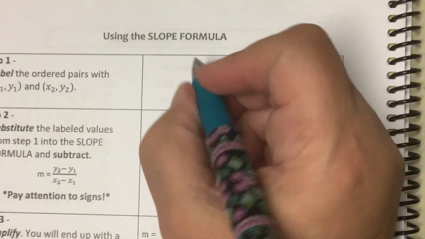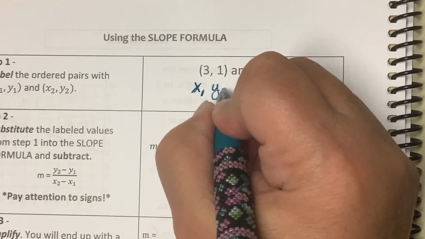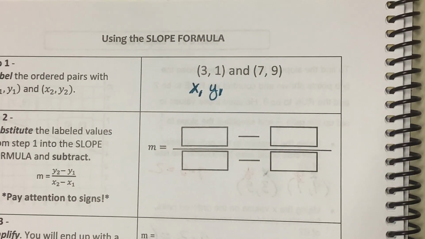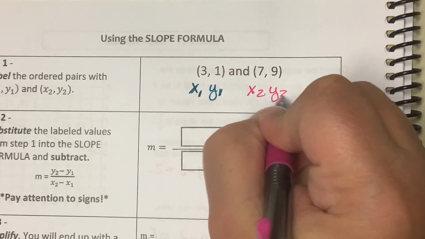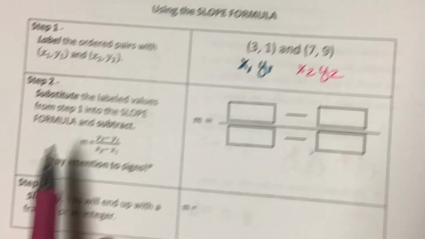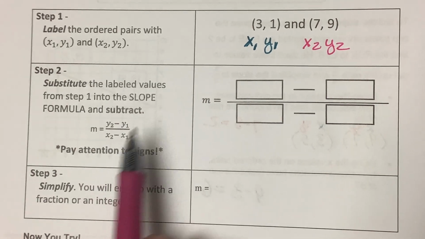So I'm going to say here, you're going to be x1, y1, and you are going to be x2 and y2. Now my formula is y2 minus y1 over x2 minus x1.